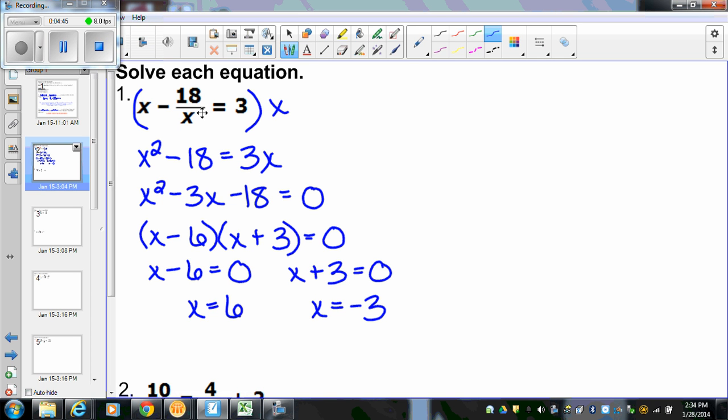So you just have to check all of your denominators to make sure that if you substitute in both of these numbers, you don't get 0 in any of them. Obviously if I put 6 here, 6 is not 0. And if I put negative 3 here, it's not 0. So both of my answers are perfectly acceptable to keep. So those are the answers to the problem.